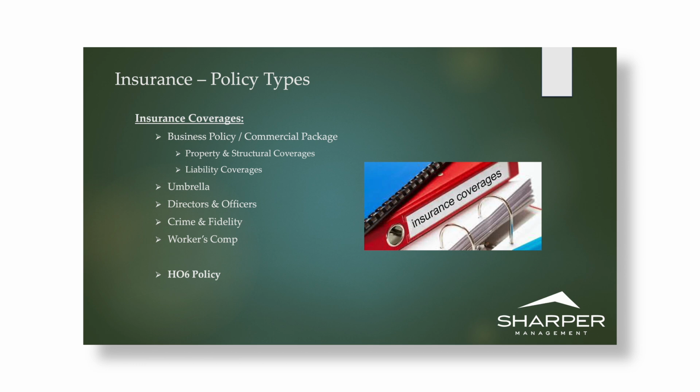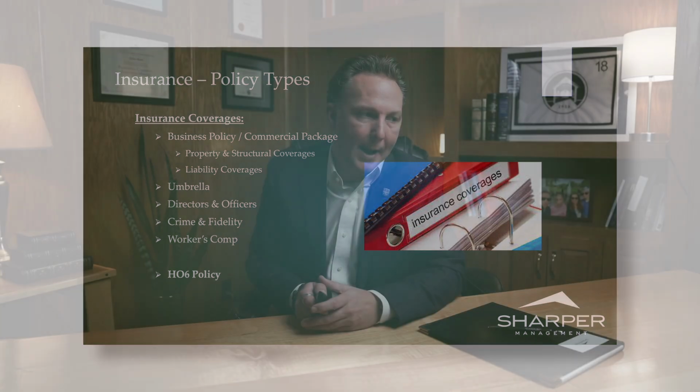So the first type of policy that an association might have is what's called a business policy. Now, carriers vary in their terms, but a business policy is a typical universal term. The business policy makes up two different components. First of all, the most important piece, the structural coverage. Whatever the association is responsible for, your governing documents tell you what the association is responsible for covering for a master insurance policy.